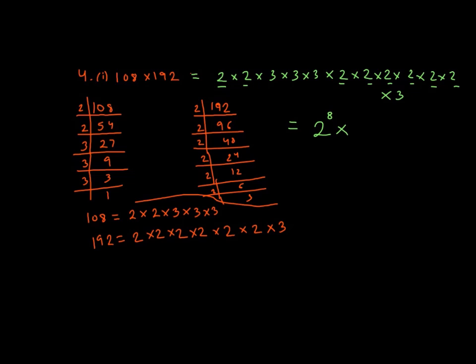And similarly 3 is there for 4 times, so it will be written as 3 raised to power 4. So your answer to this question is 2 raised to power 8 into 3 raised to the power 4.